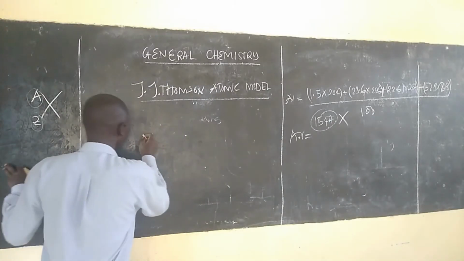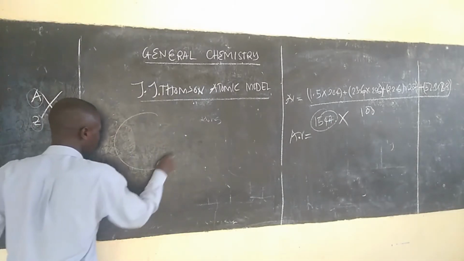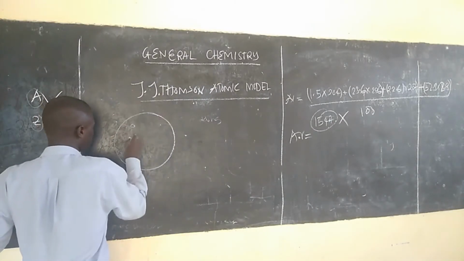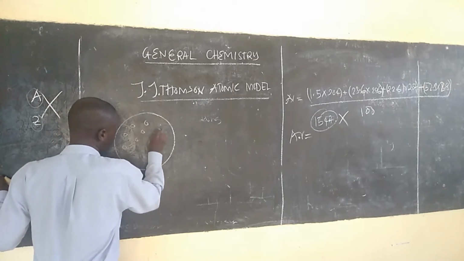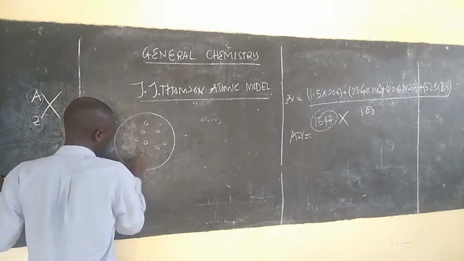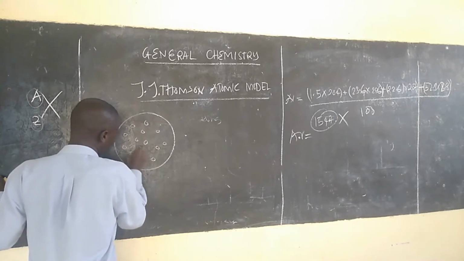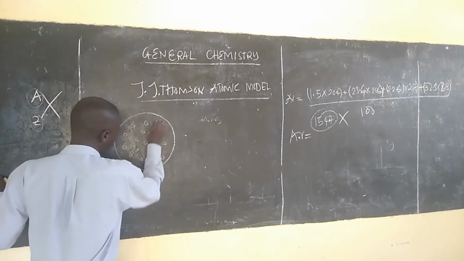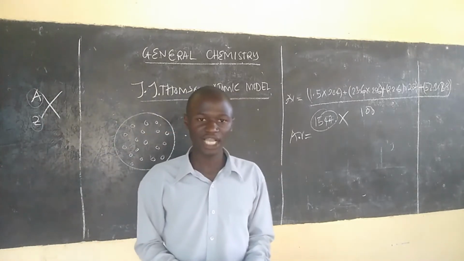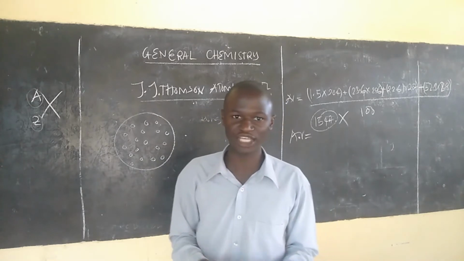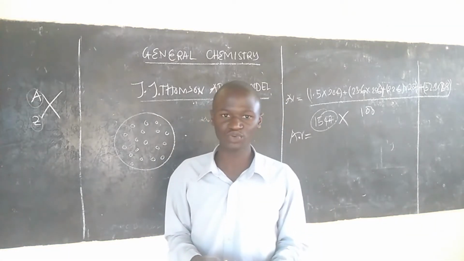In structure, the tikiti maji is like this way, and then always in tikiti maji you can see seeds ziko inside, like this way. You will see the diagram of tikiti maji well in my notes, but this is how. So I don't have tikiti maji here. Sorry for that, I have not come with the practical tool to teach you.